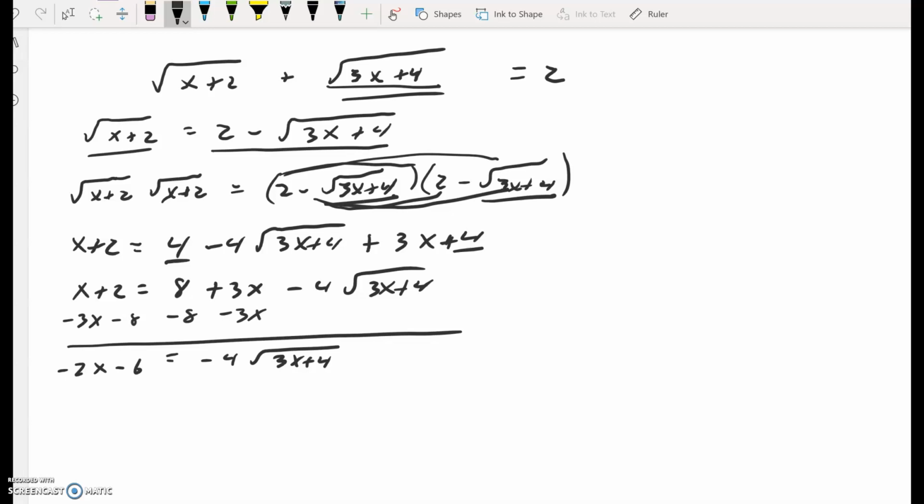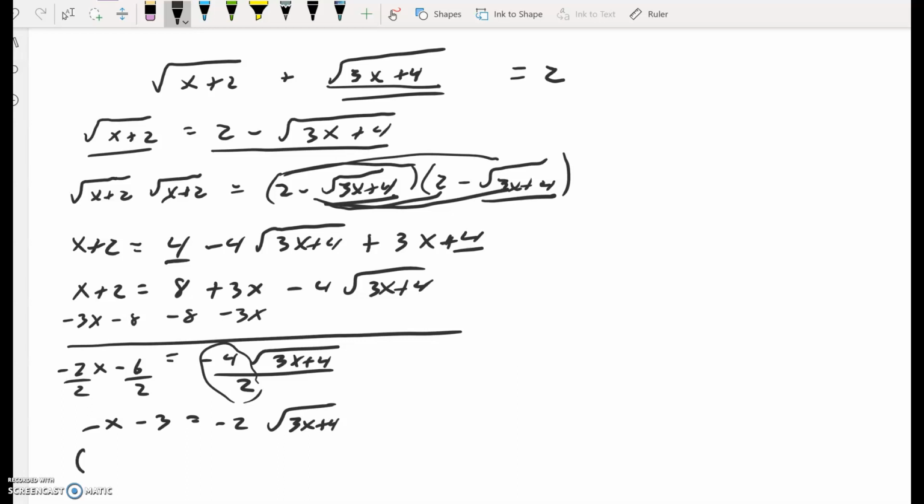I can, if I want to, and I sort of want to, divide every single side by 2, so this gets divided by 2, this gets divided by 2. That'll give me a minus x, and then minus 3 equals negative 2 times the square root of 3x plus 4.